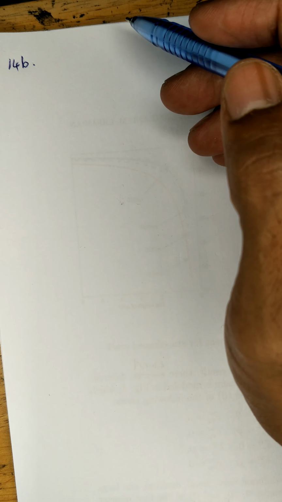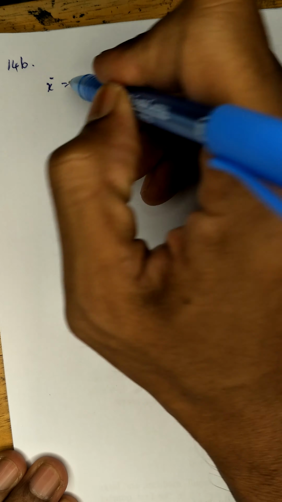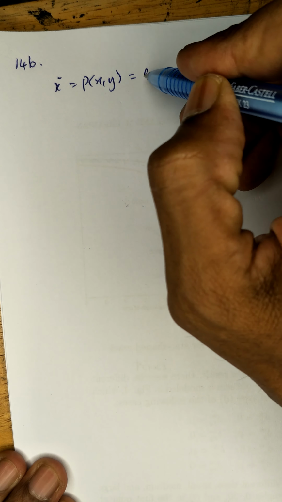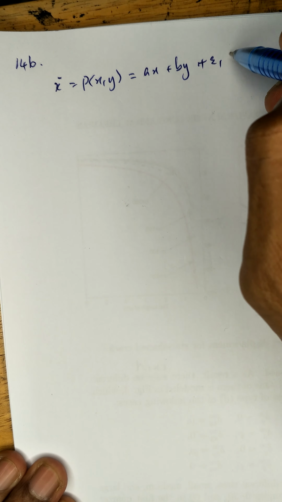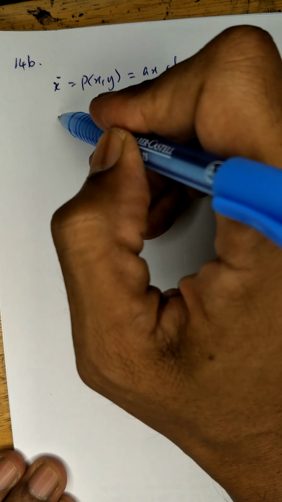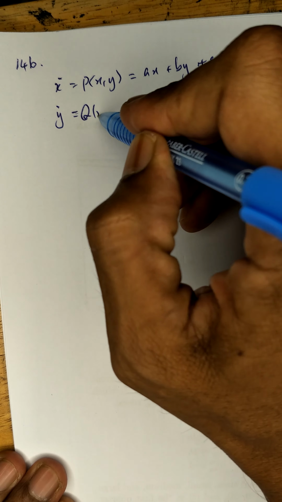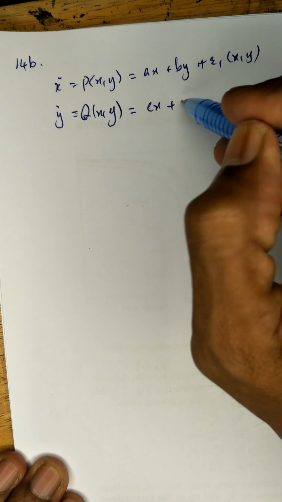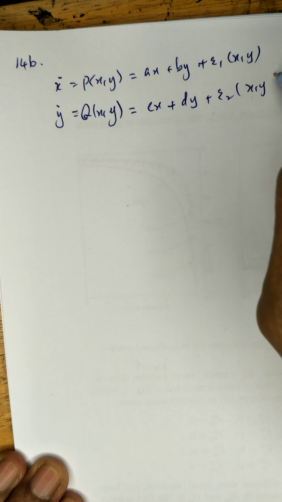So remember that we are dealing with the nonlinear system of the form x dot equals P(x,y), equal to ax plus by plus epsilon 1(x,y), and y dot equals Q(x,y), equal to cx plus dy plus epsilon 2(x,y).